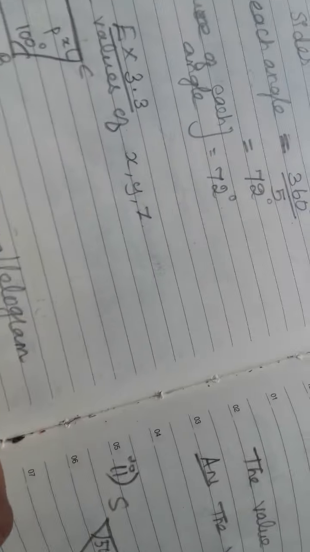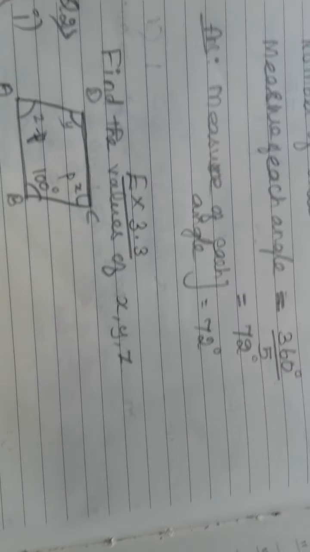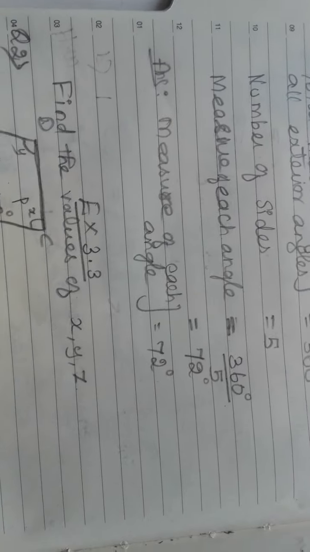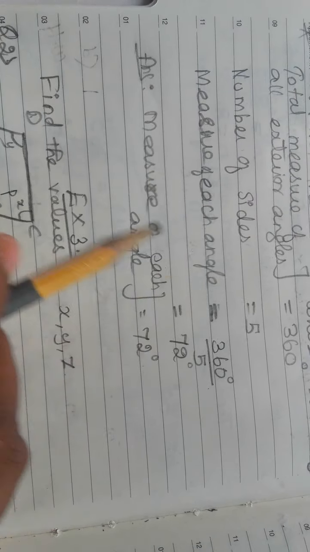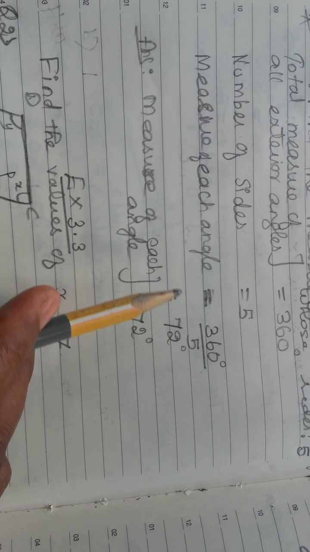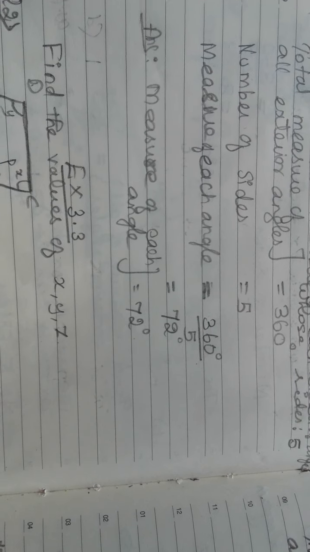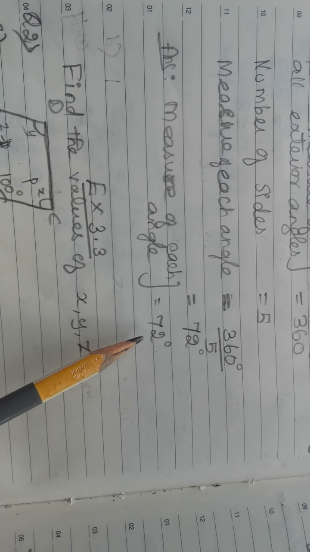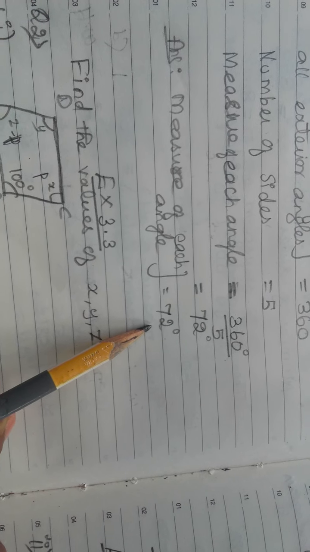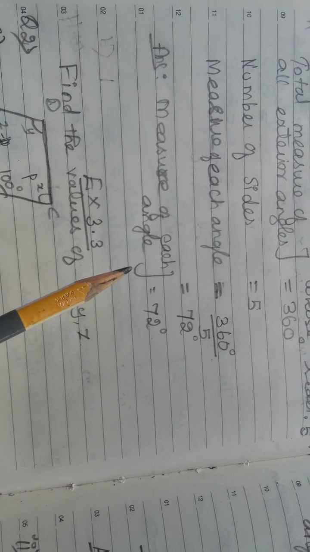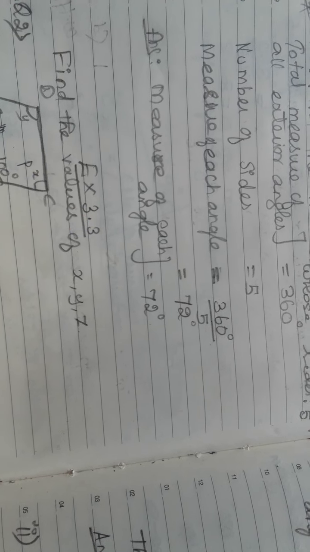If it is 5 sides, which polygon? That is pentagon. Okay, so see here number of sides 5, measure of each angle we have to find. So the total angle divided by number of sides, you are getting 72. So 72 is the measure of each exterior angle.